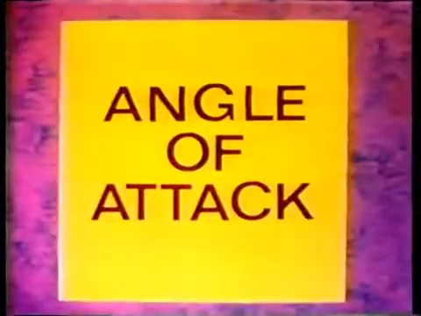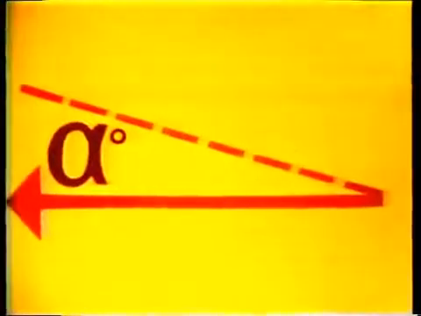Let's tag angle of attack with an angle and the Greek letter alpha. As you recall, alpha is simply the angle formed between the relative wind and the chord line of the airfoil. But its importance is in the fact that even small variations affect the amount of lift.